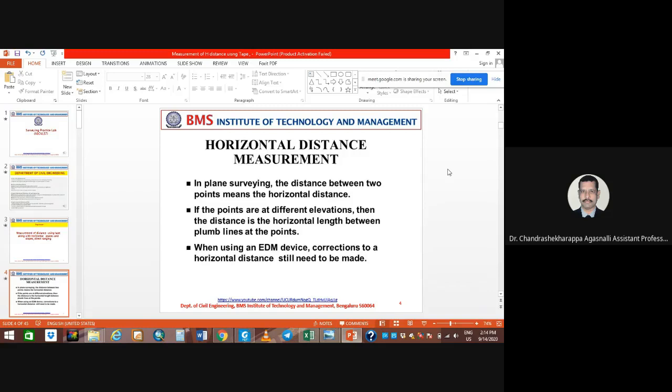If there are two different elevations, I mean one point is on the ground and another is on the top of the hill or middle of the hill, or somewhere in elevated areas, then it's difficult, because you will not get the accurate horizontal distance. You will get the slope results, then you have to convert the slope distance to the horizontal distance.